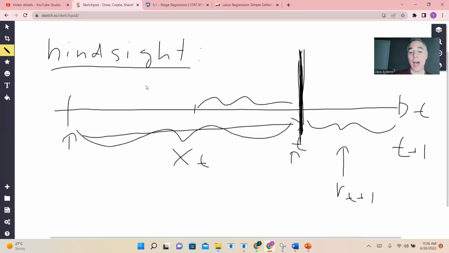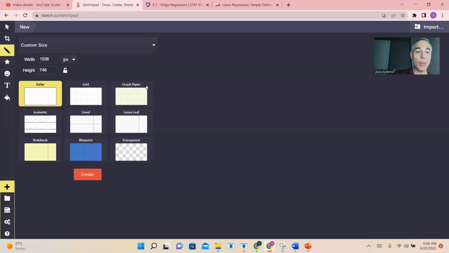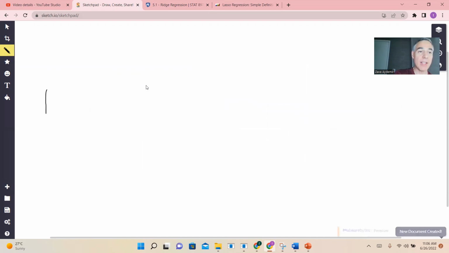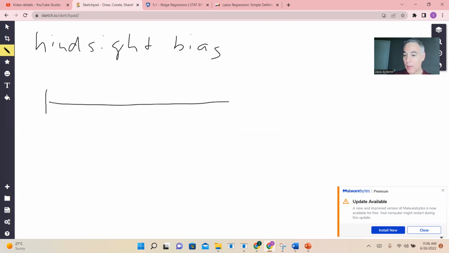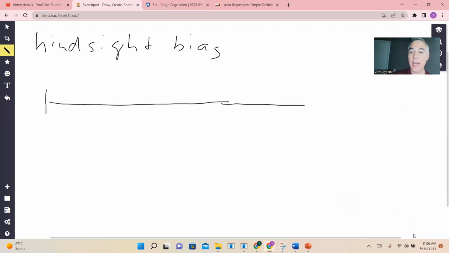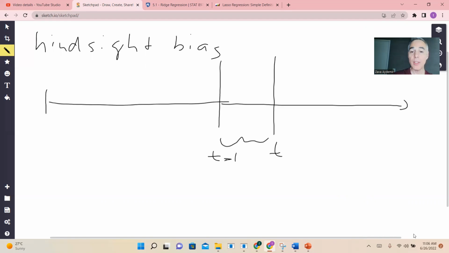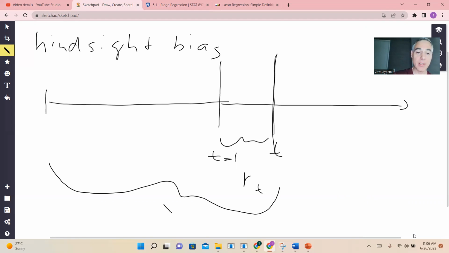And I saw people doing quite the opposite, and that's the hindsight bias, and that's actually very silly, because that's not a real world situation. They were using data up to T here, and then they were using the return from T minus 1 to T. And they were using all the data that was available up to the end of this period, XT.